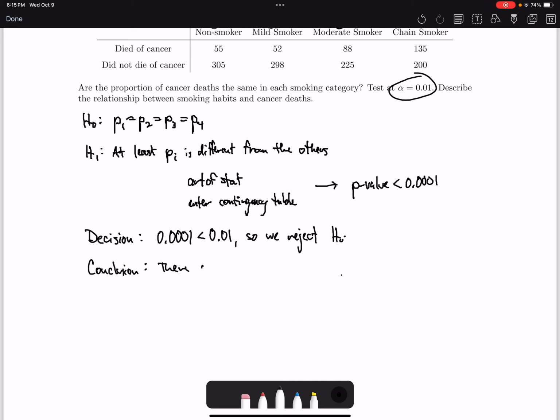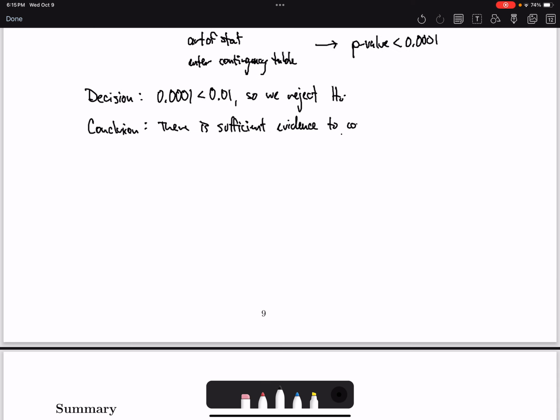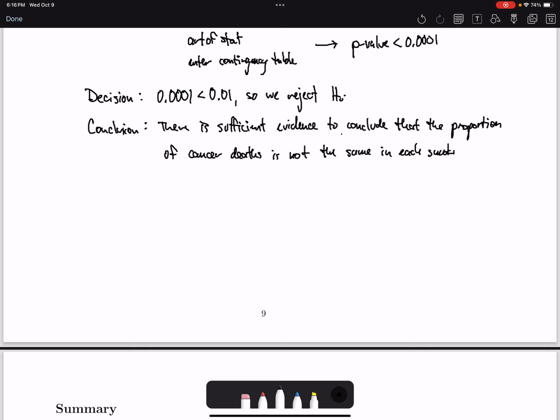There is sufficient evidence to conclude that the proportion of cancer deaths is not the same in each smoking category. Right, and that's the conclusion of the hypothesis test.